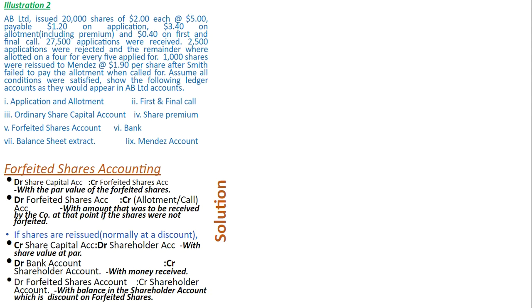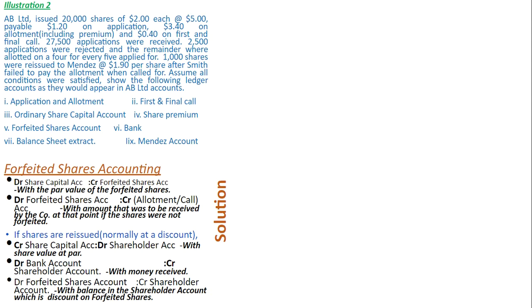Assume all conditions were satisfied. Show the following ledger accounts as they would appear in AB Limited: application and allotment account, first and final call account, ordinary share capital account, share premium account, forfeited shares account, bank account, balance sheet extract, and Mendes account.